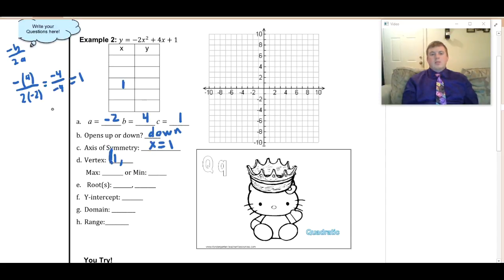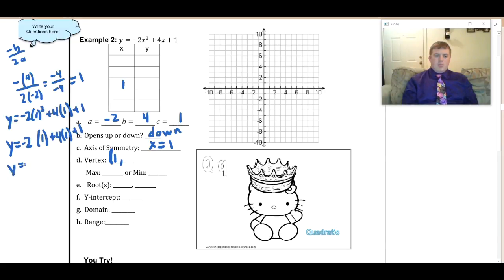The next thing we need to do is to find the y value for that vertex, so we are going to plug that into our original equation. So we're going to do y equals -2 times 1 squared plus 4 times 1 plus 1. We are going to simplify. 1 squared is going to be 1, plus 4 times 1, plus 1.